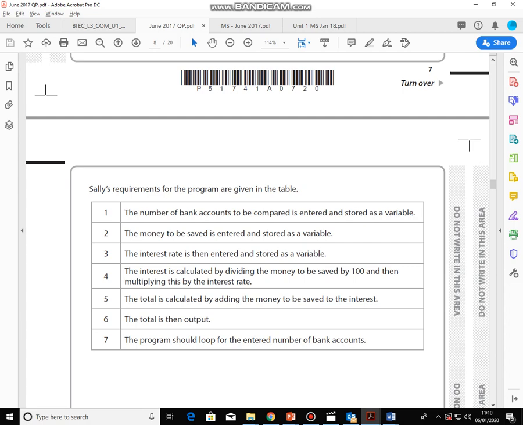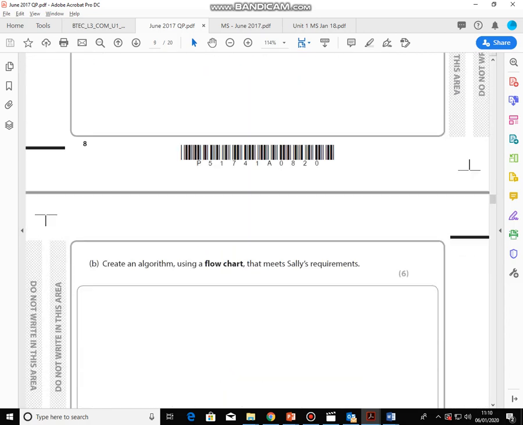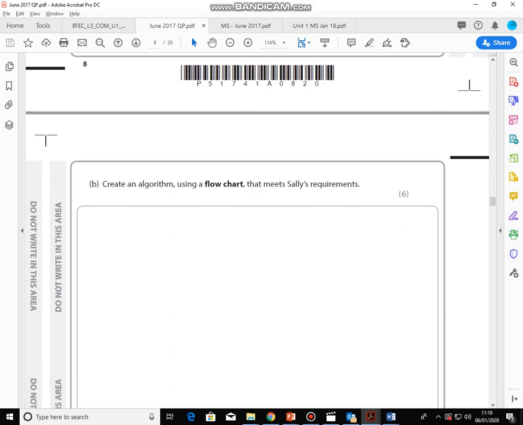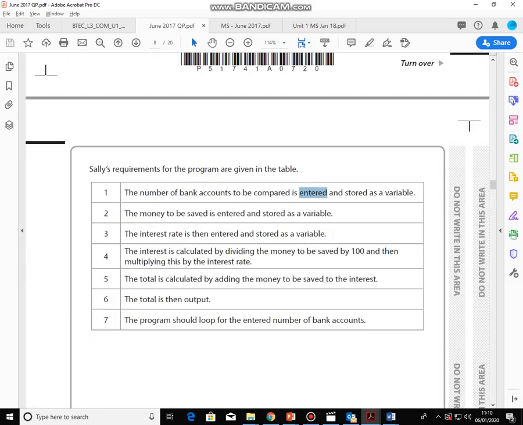So it says the number of bank accounts to be compared is entered and stored as a variable. So it says here something is entered and then stored. So that means because it's been entered, we would need to use an input. Okay, so because here they told us to create a flowchart for that particular requirement, we need to use a flowchart to represent all of this.